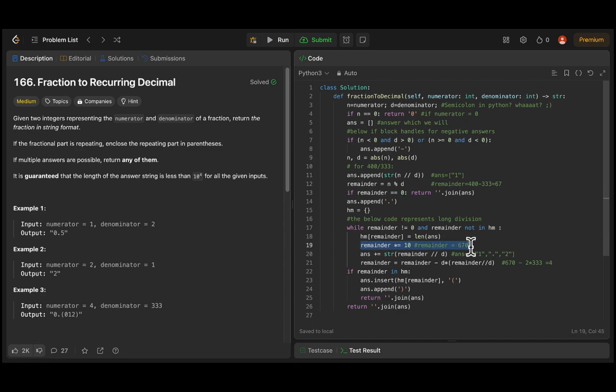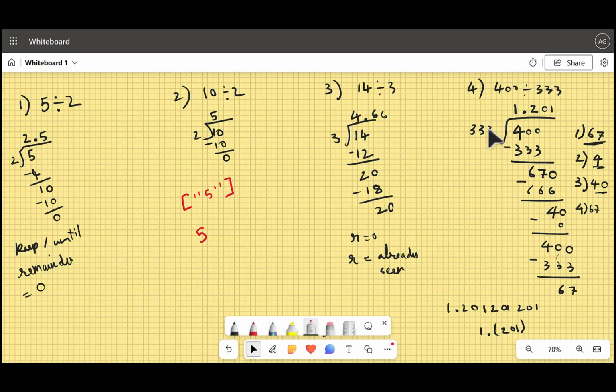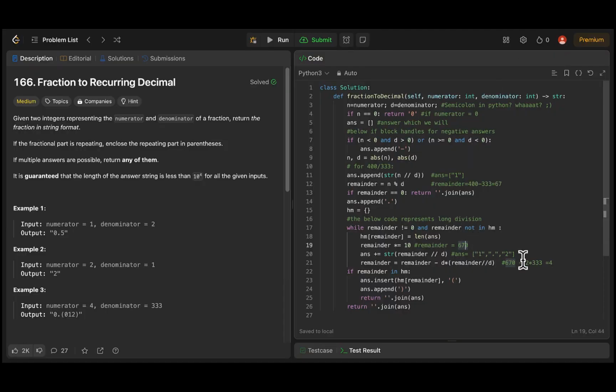This part corresponds to adding the 0 at the end of 67. Then we append to our answer the remainder divided by d. So 333 times 2 is 666, and this 2 we add into our array. Then our new remainder is the remainder minus 2 into 333, so our new remainder is 4.